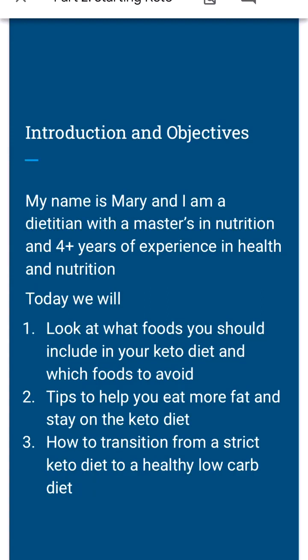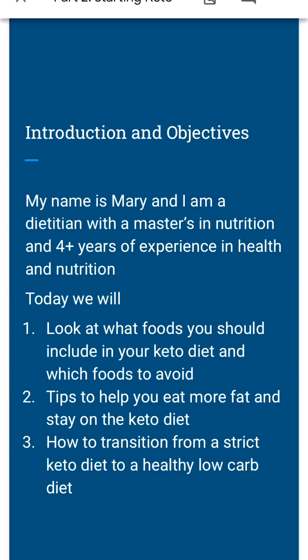Like I said earlier, today is a part two. You've decided to start the keto diet. What do you do? Today we'll look at what foods we should eat and really focus on, and foods that we should avoid. We'll talk about tips to help us eat a little bit more fat and ways to keep us on the keto diet.